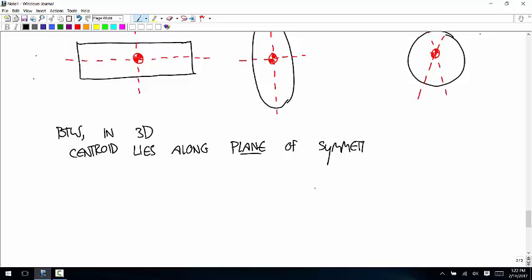And if you can find three planes of symmetry, then they meet at a point, and that point is the centroid. So three planes of symmetry.